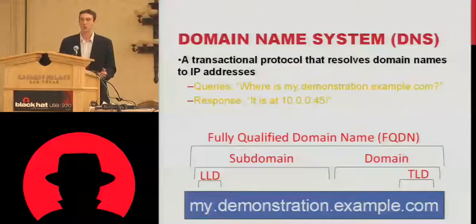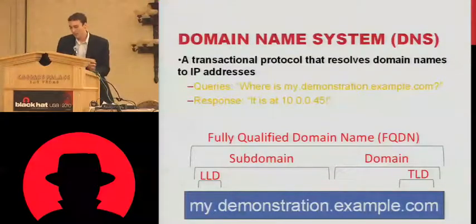And there may be more than one answer. They may give a list of 3 or 4 IP addresses, and we'll talk about that. But it'll basically give you an IP address. It is at 10.0.0.45. Down at the bottom, I have a bunch of different names that I'm going to be using throughout the speech, so just familiarize yourself with those.